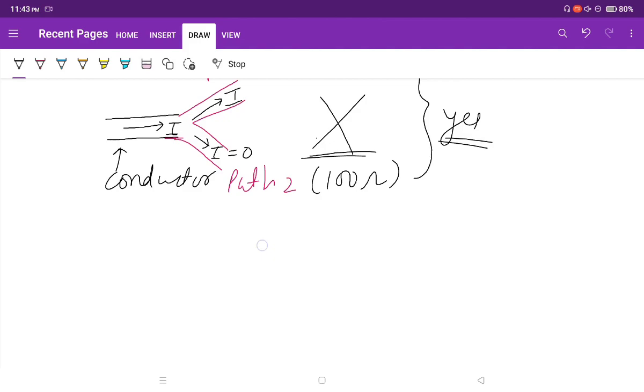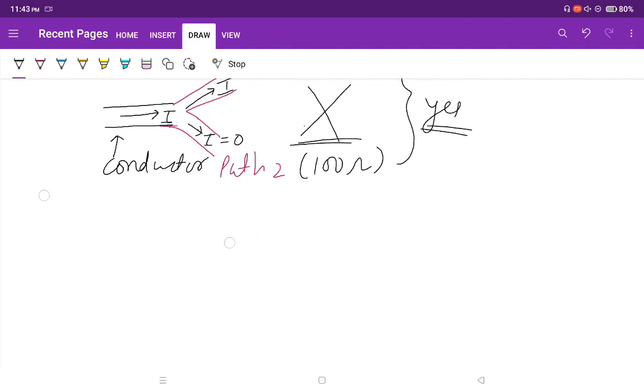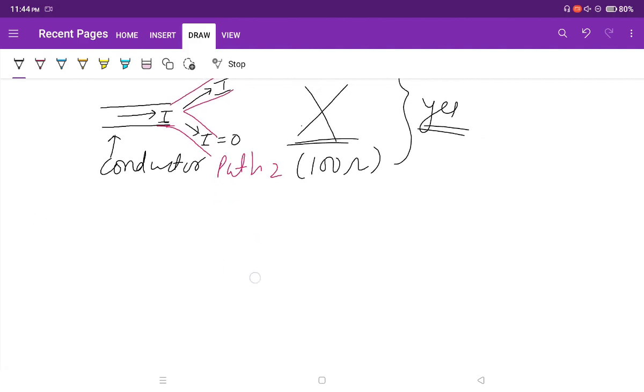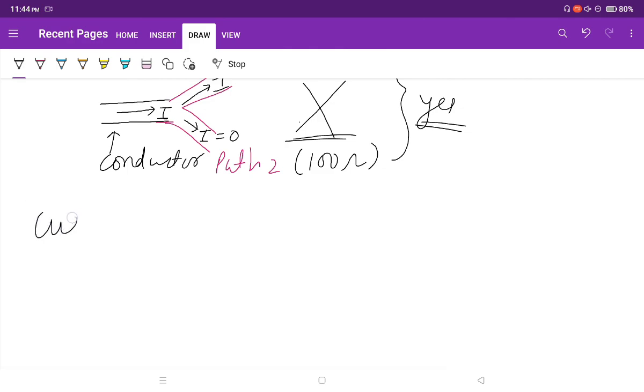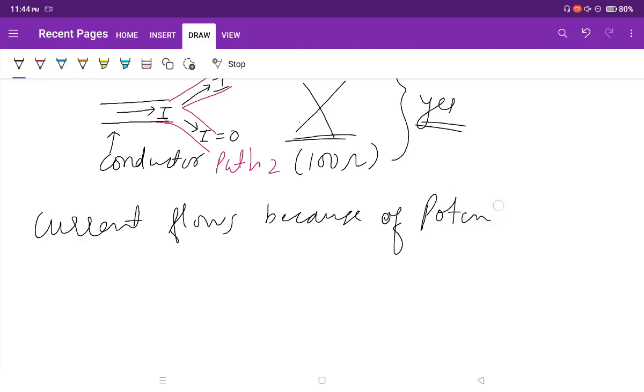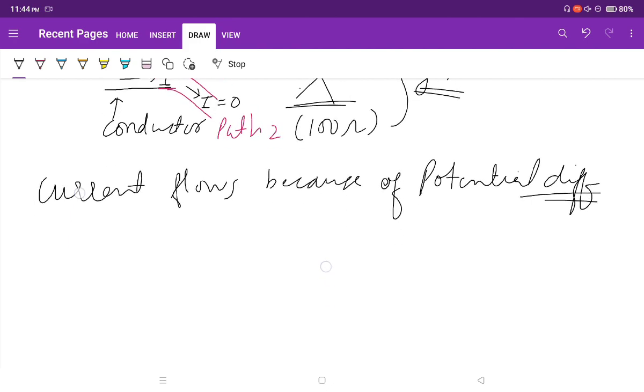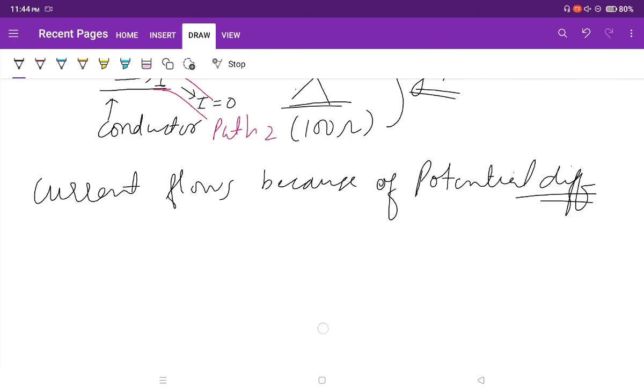Current is nothing but the flow of electrons or charge. Current flows because of potential difference. If there is no potential difference, no current will flow. A potential difference applied across the conductor creates an electric field.